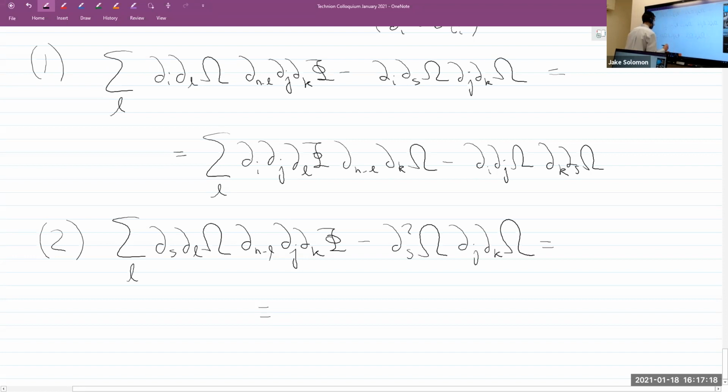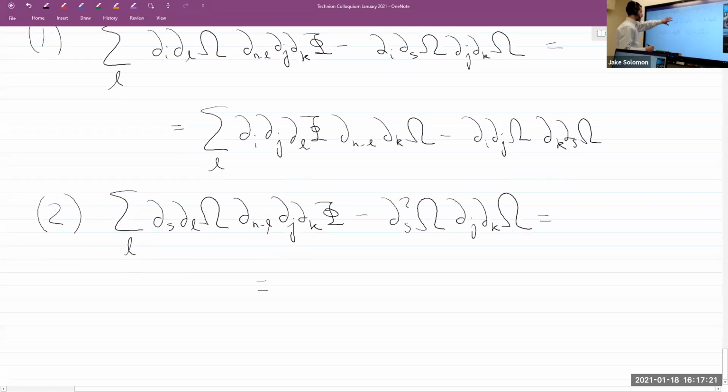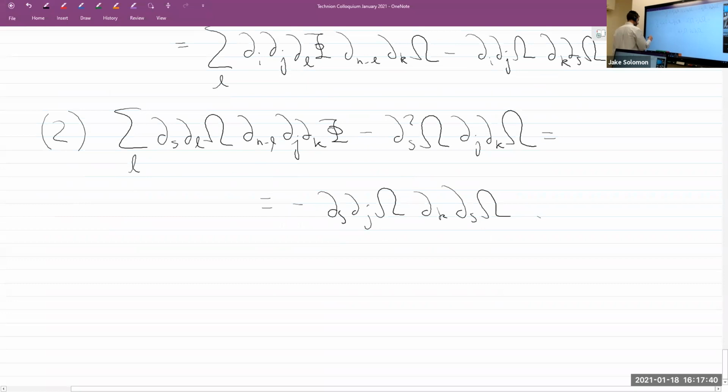This is a bit simpler because if you put S into phi, well, phi doesn't depend on S, so that term completely vanishes. That's equation number 2.